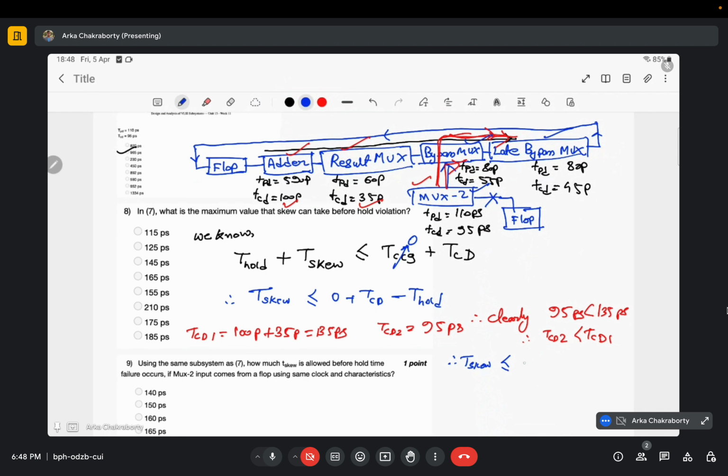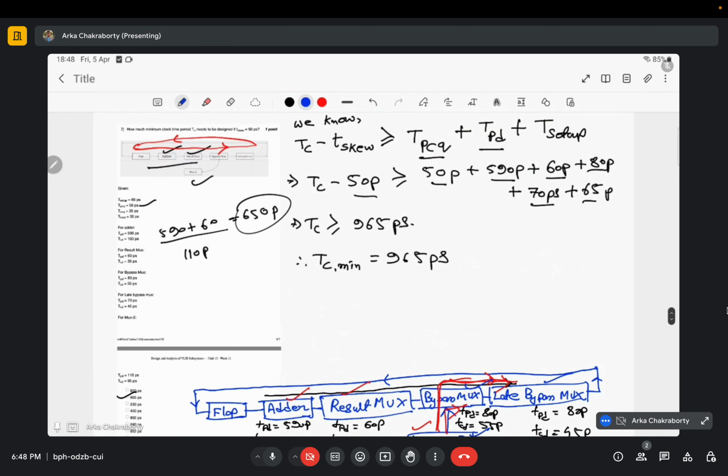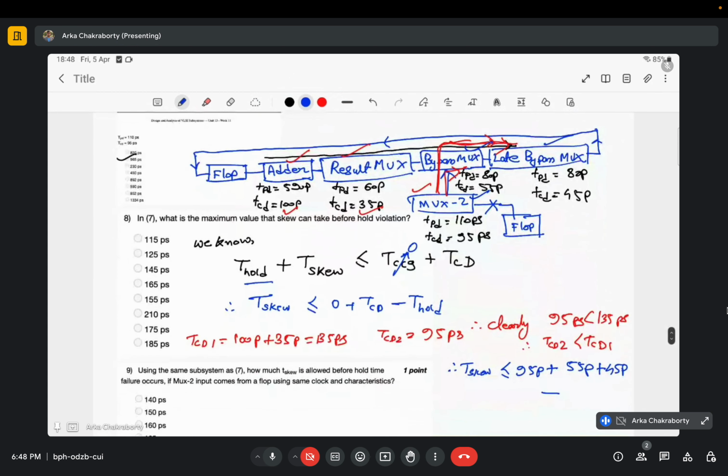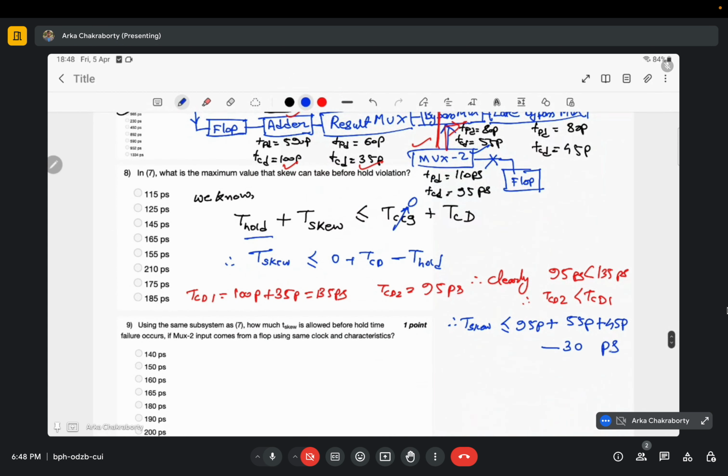So mux 2 is 95 pico plus bypass mux is 55 pico, late bypass mux is 45 pico, and minus T hold. T hold is given as 30 picosecond. Therefore T skew is less than or equal to 95 plus 55 plus 45 minus 30, which is 165 picosecond.